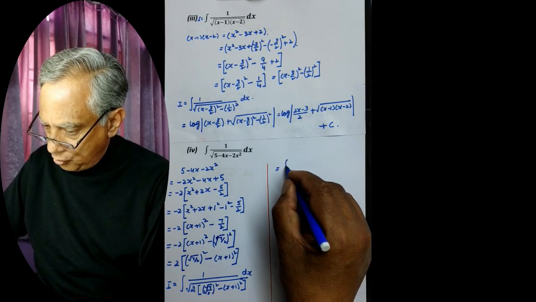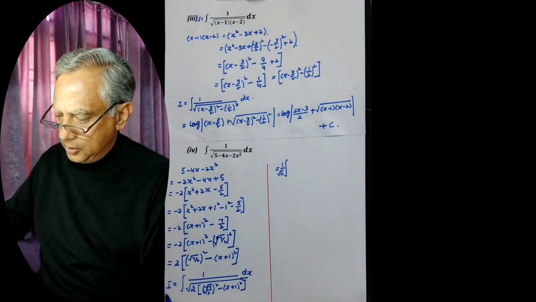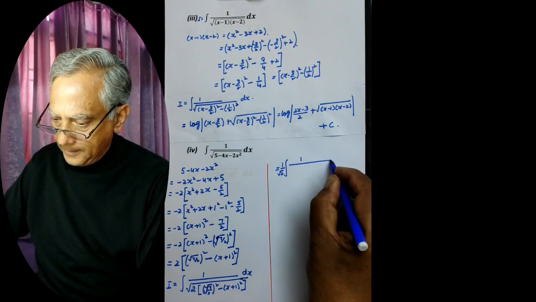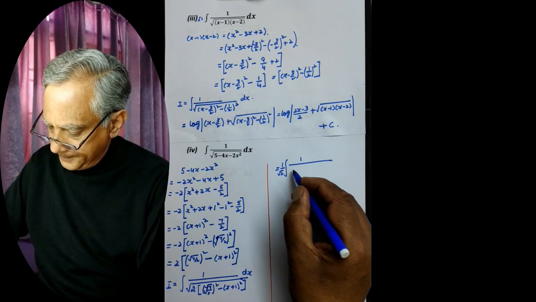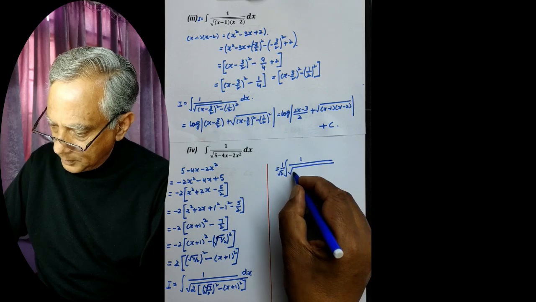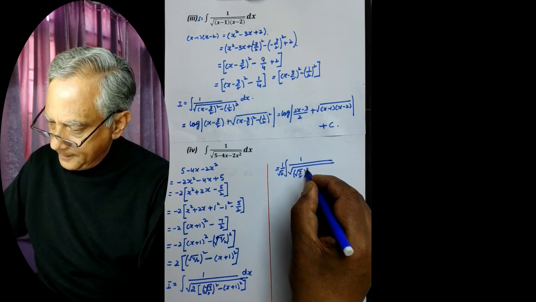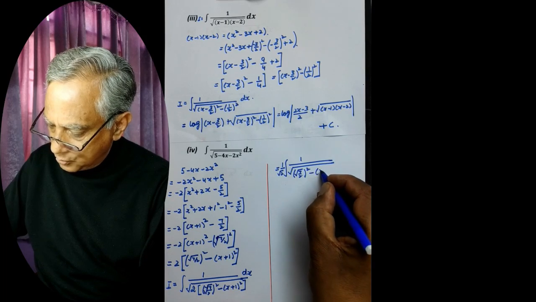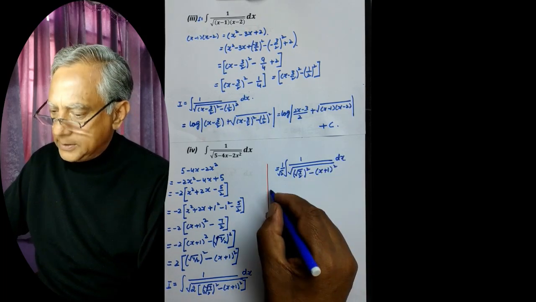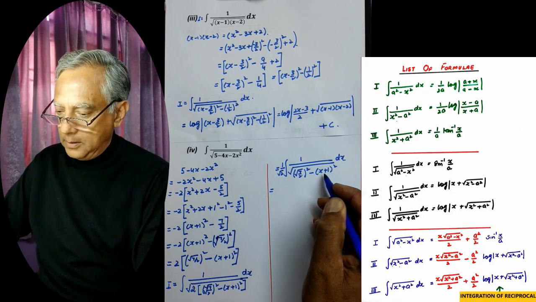integral 1 by root 2. This 2 is common. 1 by under the root, root 7 by 2 whole square minus x plus 1 whole square dx. This is 1 over under root a square minus x square.